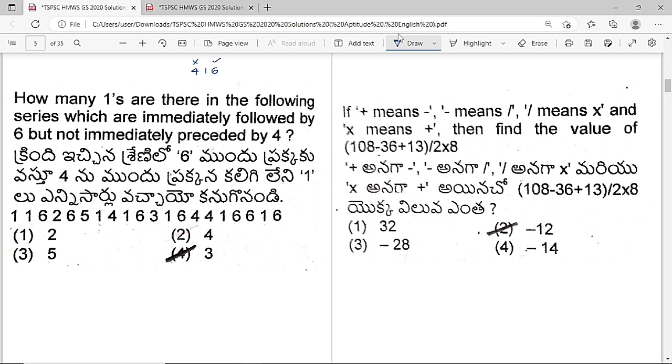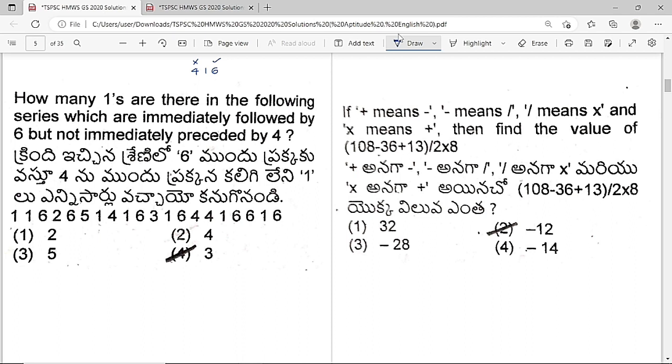Followed means after, preceded means before.